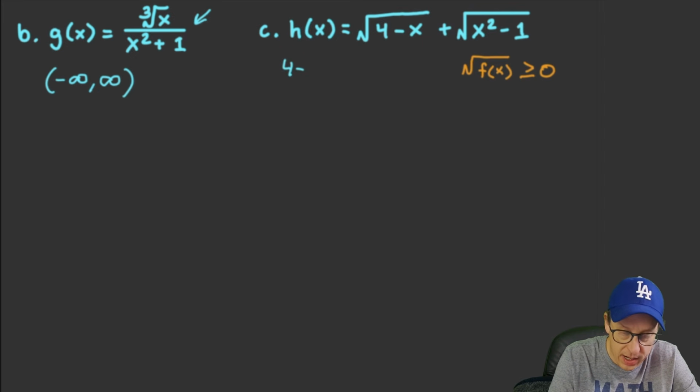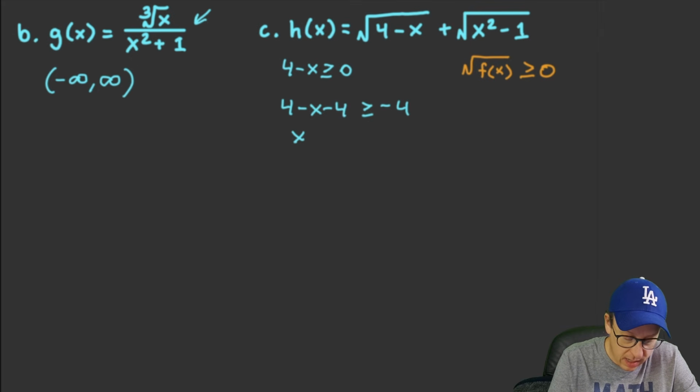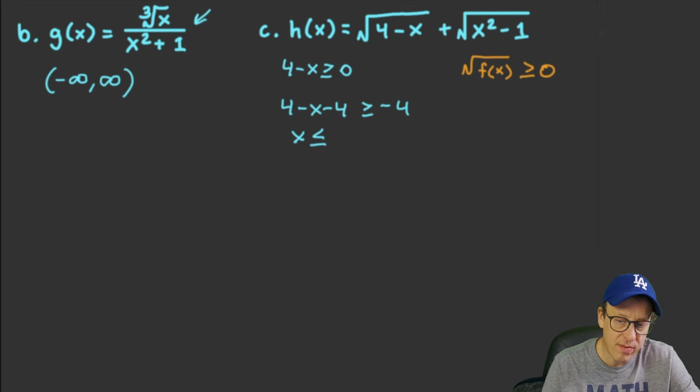Okay, so we'll subtract 4 from both sides. So 4 is less than or equal to 0 minus 4, which is just going to be negative 4. So this means that x is going to be less than, remember we have to flip whenever we multiply the value by negative 1, we have to reverse the inequality. So that means that x is going to be less than or equal to 4.